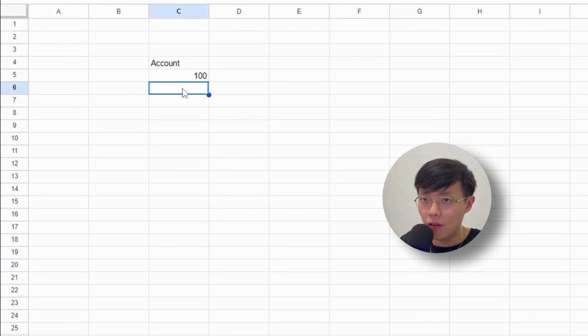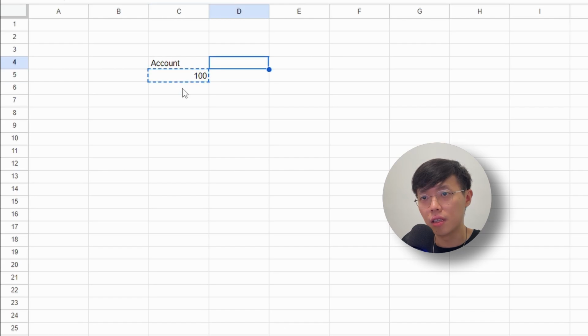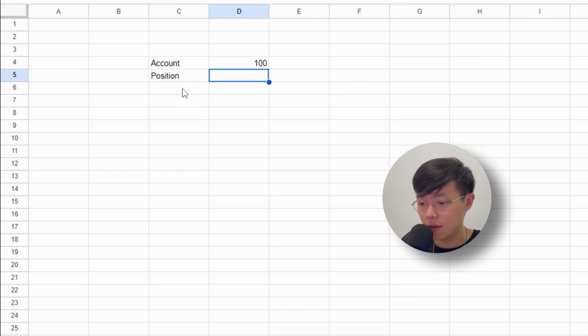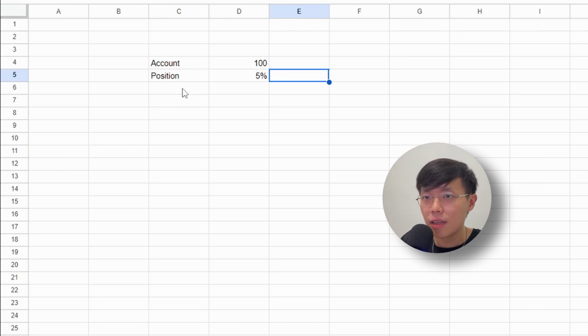So normally for every trader, when we open up a position, we want to risk 5%. So what's 5% of the account? All you have to do is multiply. There you go.